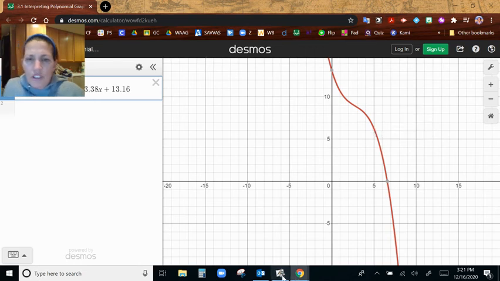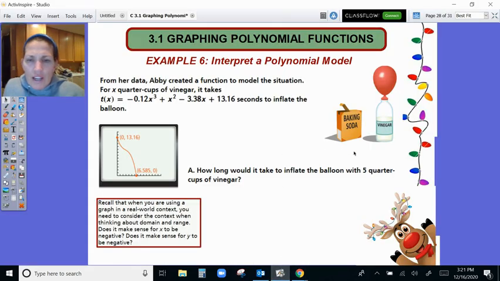We get 6.26 is how long it will take to inflate the balloon with 5 quarter cups of vinegar. So my vinegar is down here on the x-axis, and my blowing the balloon up is on the vertical one, okay? All right, so it just says right here, Abby created a function to model a situation for x quarter cups of vinegar. It takes this many seconds to inflate the balloon. Okay, so my time is on my vertical axis, and so that's what this is about.